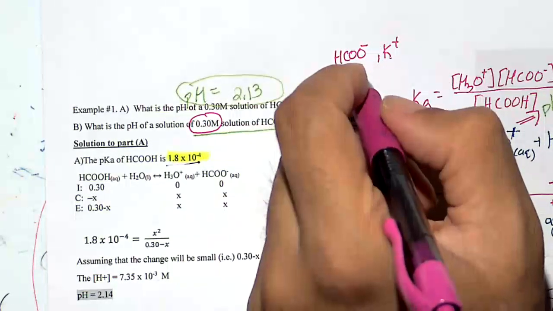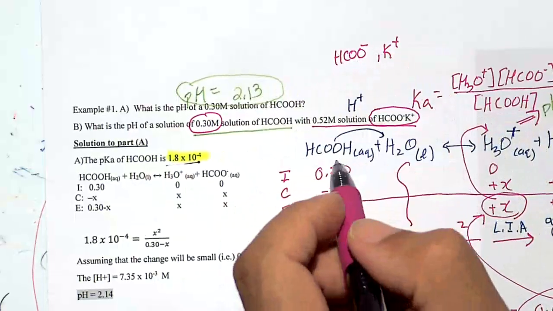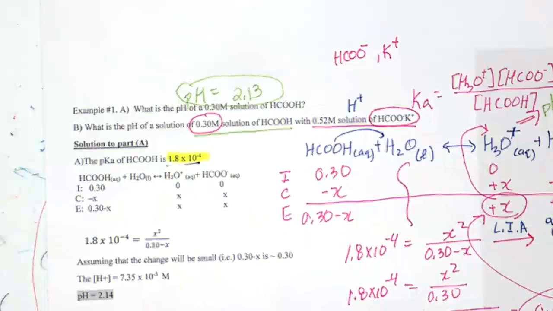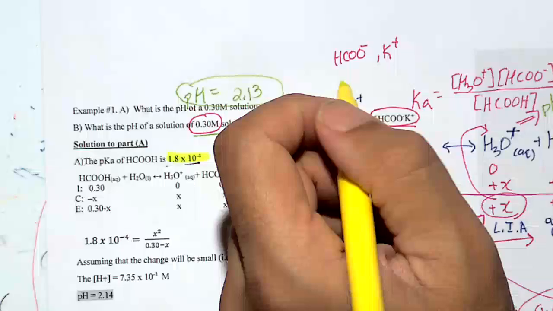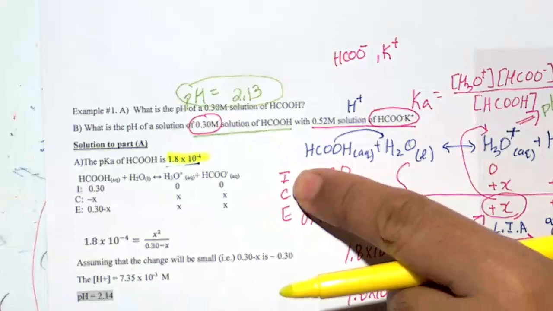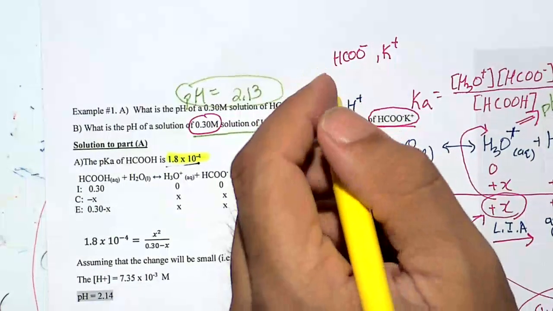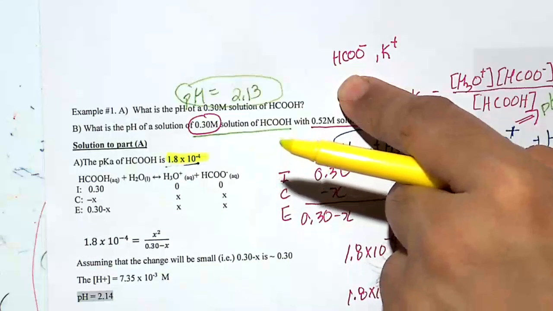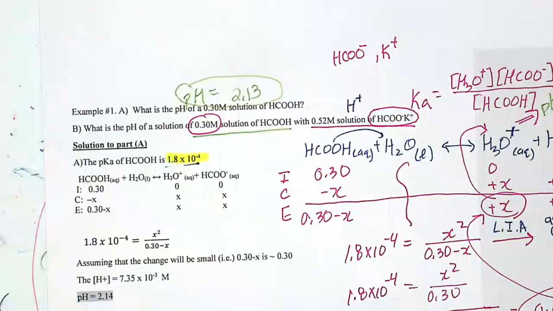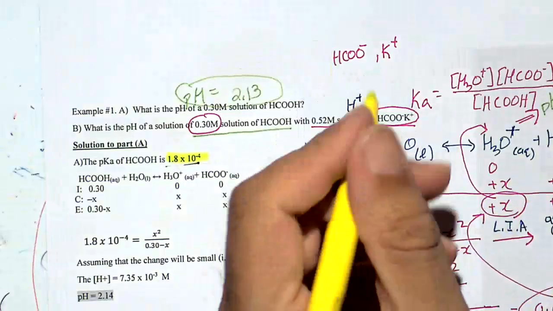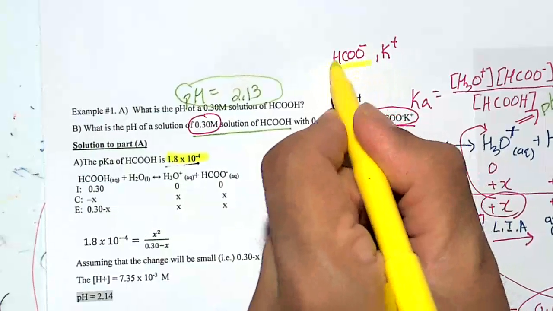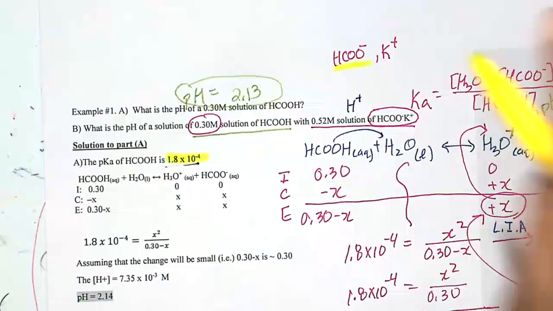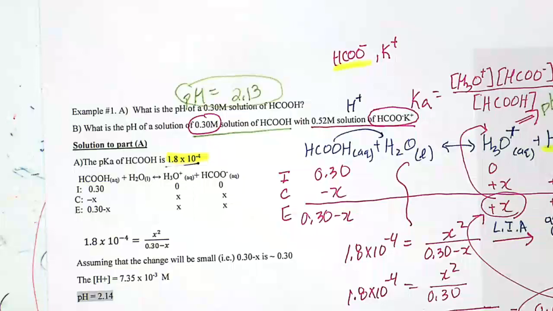This potassium formate is formate ion and potassium, and then we add it to this, so what will be our common ion? The common ion is formate.